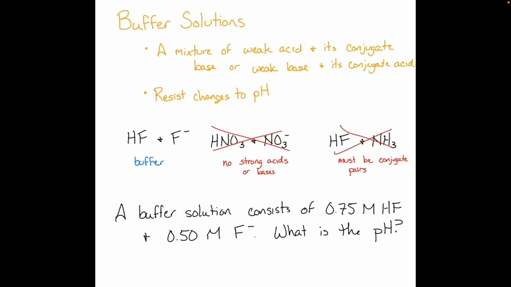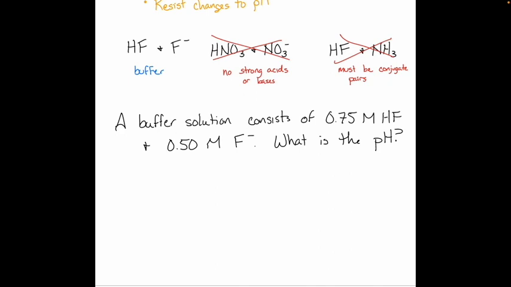Okay, so we're going to do a similar strategy to what we've done up until this point talking about weak acids. The first thing we're going to do is build that Ka reaction of HF. From that reaction, we can get that equilibrium expression.